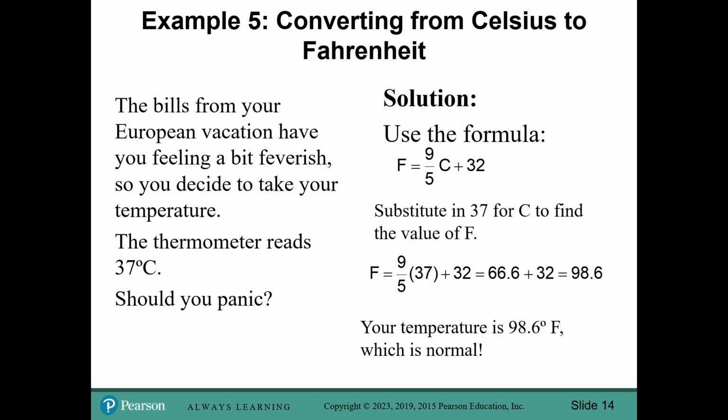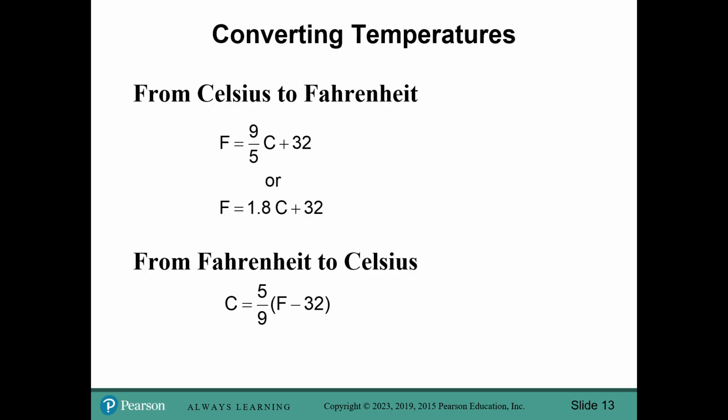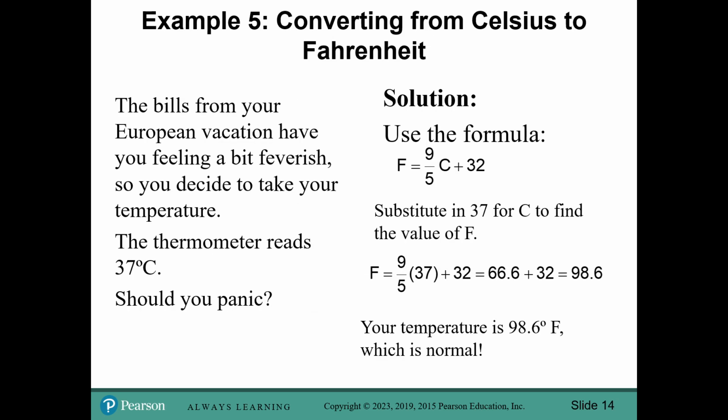So let's use the unit conversion formula over here for converting temperatures from Celsius to Fahrenheit. We're gonna start out with the Fahrenheit equals 9/5 C plus 32 formula. I'm going to substitute in for this C the 37 the thermometer read. We're going to multiply it out.